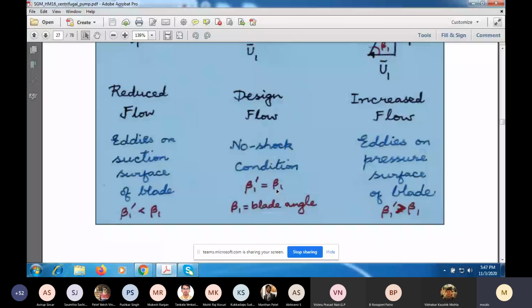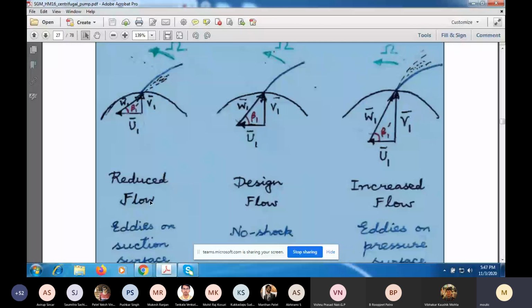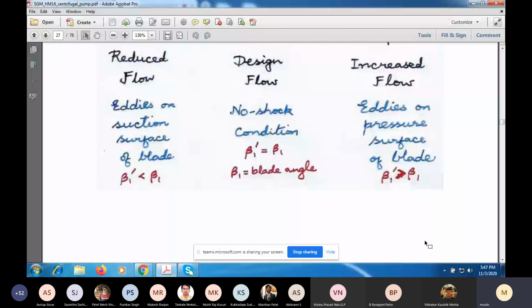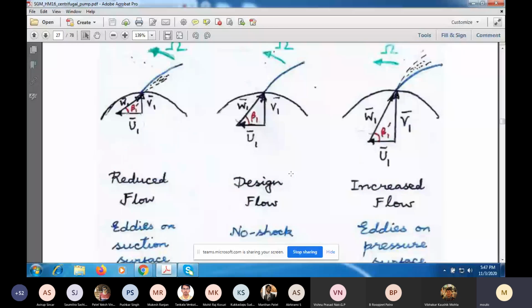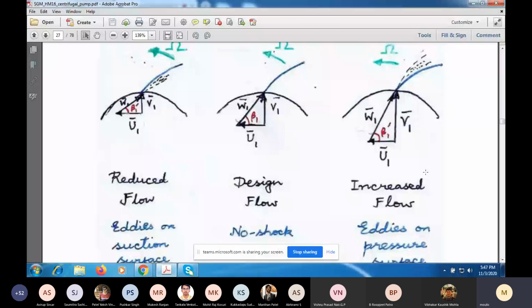And here beta 1 prime is less than beta 1. And here beta 1 prime is greater than beta 1. So in the case on the left and the case on the right, there will be what we call shock losses due to turbulence formed by the eddies.